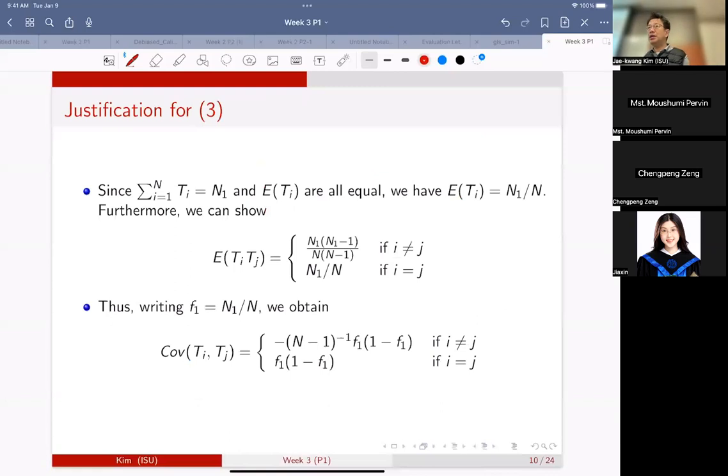By the way, the first homework was given, and the deadline is this Thursday. Some of the homework problems require this kind of technique, computing the variance, so what I cover in today's class could be relevant.